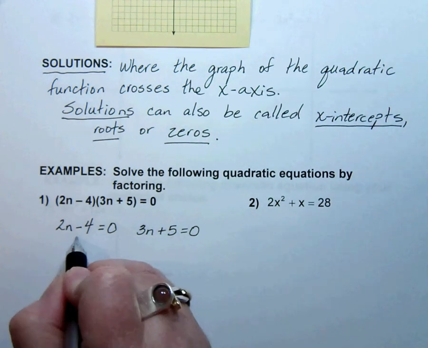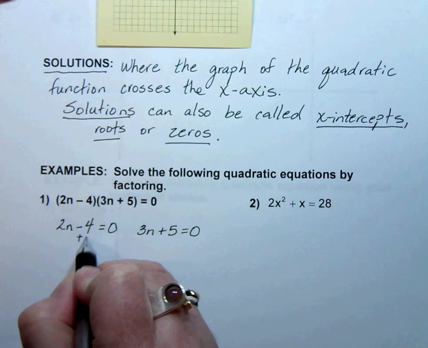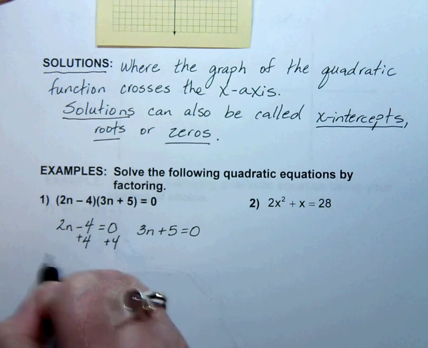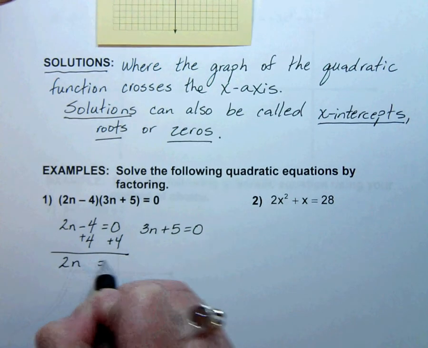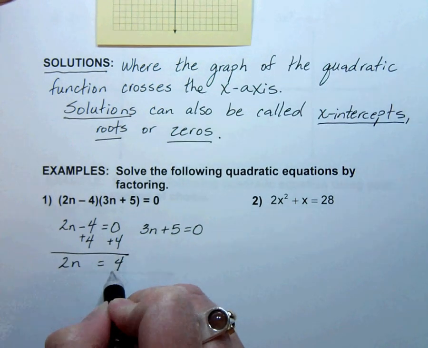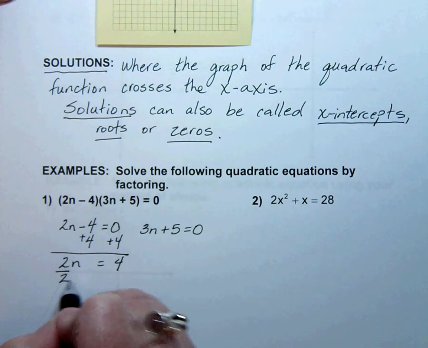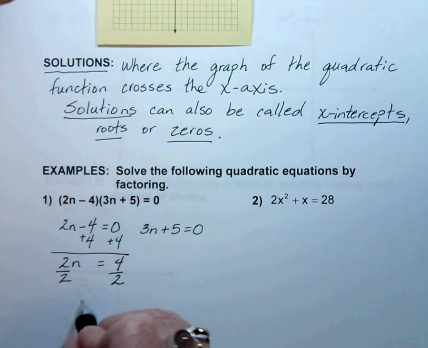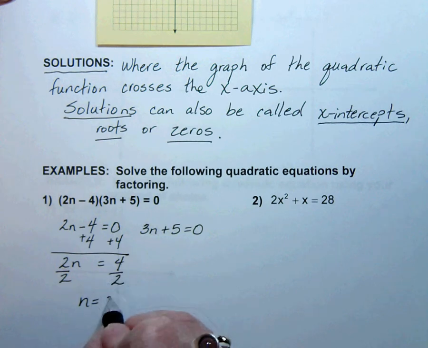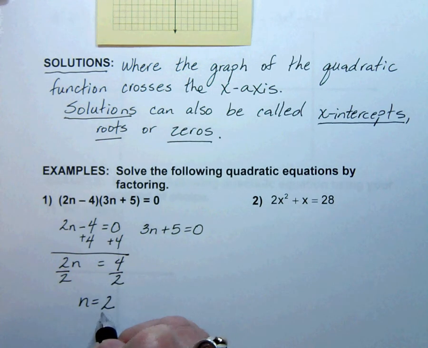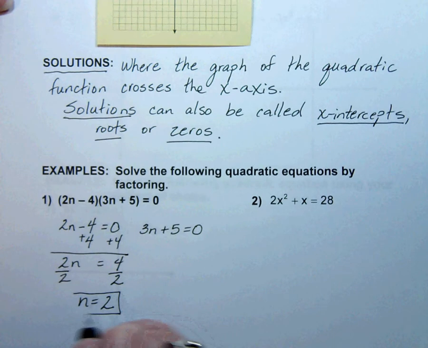This first one, to solve for n, you would add 4 to both sides. So 2n would equal 4, and then to solve for n, you would divide both sides of your equation by 2. So 4 divided by 2 is 2. So that's one of your solutions to this quadratic.